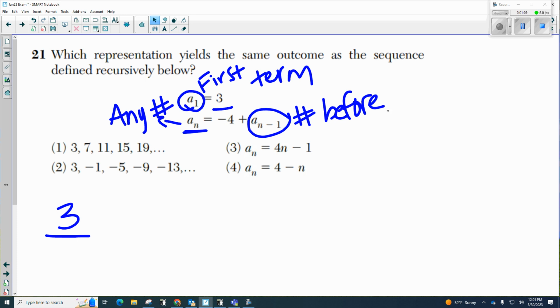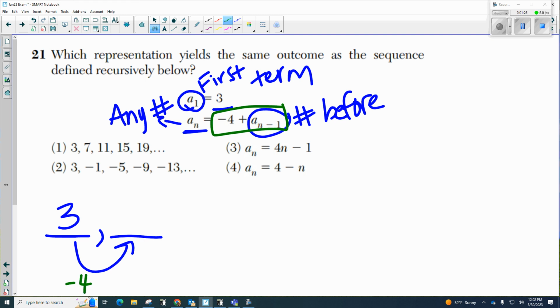If my number before is 3, to get the next term of the sequence, I am going to do -4 plus 3, because that's the term before. So -4 plus 3 is -1.